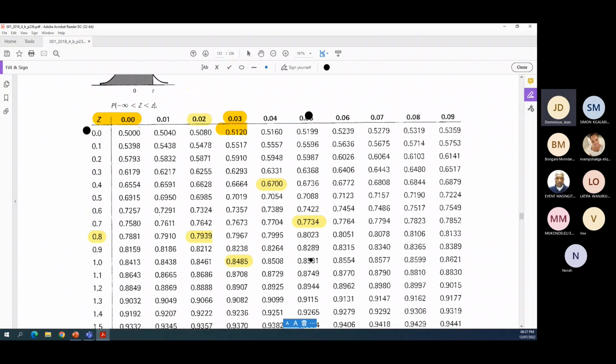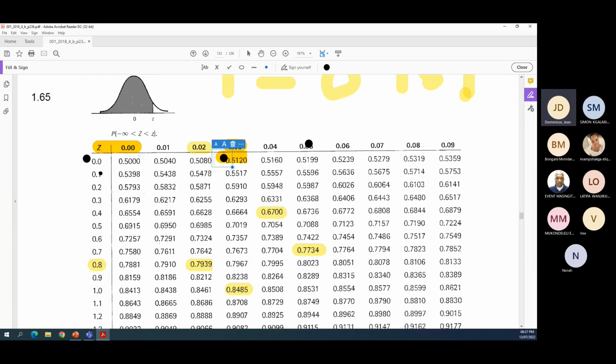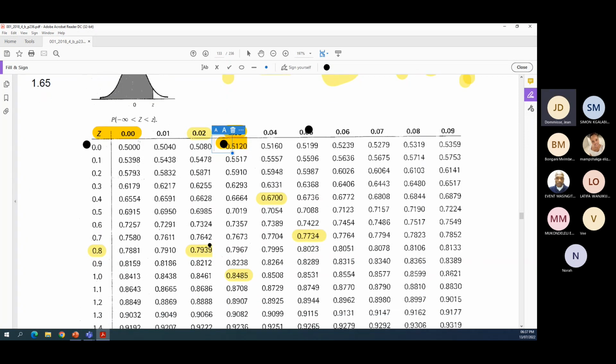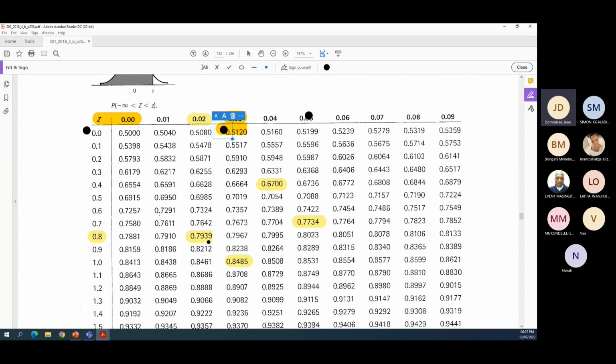Okay, so if we looked at the 0.03, it was the 0.0, and the cross would have been the 0.03, and it would have given me that probability. The same, so let's randomly pick a Z value of 1.95.